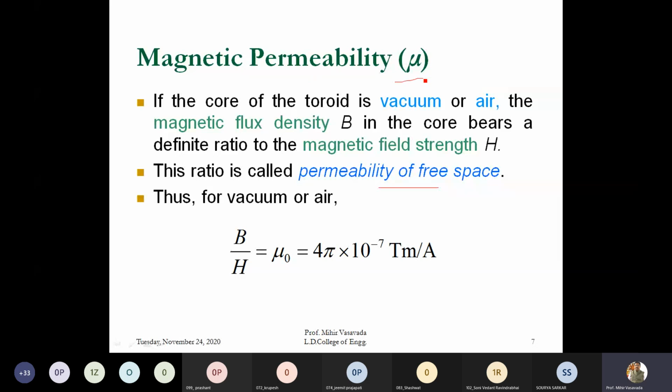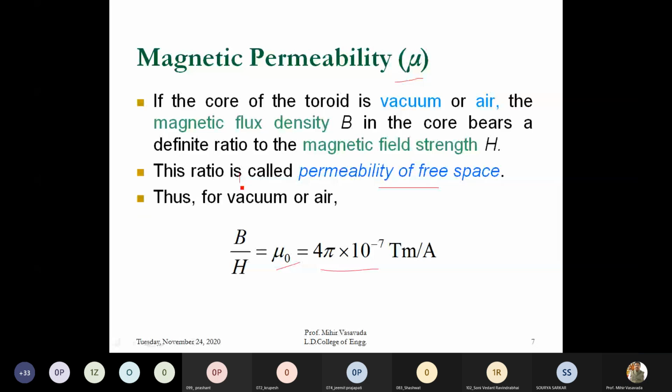So mu0 is the permeability of air. If you consider the permeability of air or vacuum as mu0, it is 4 pi into 10 raised to minus 7. Clear? And the relation is B equal to mu H.